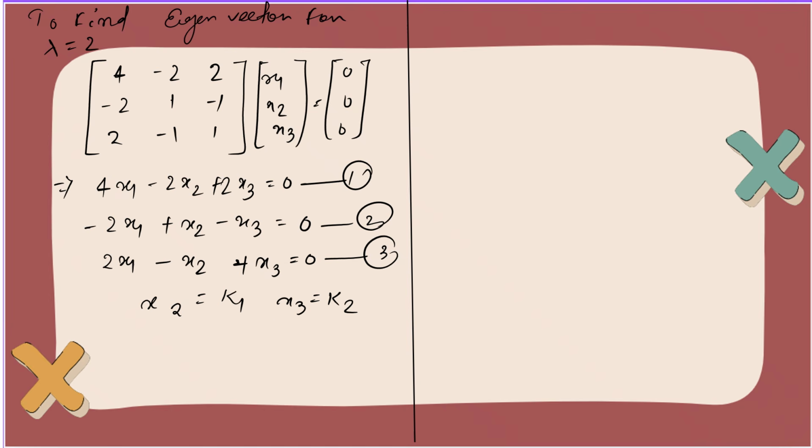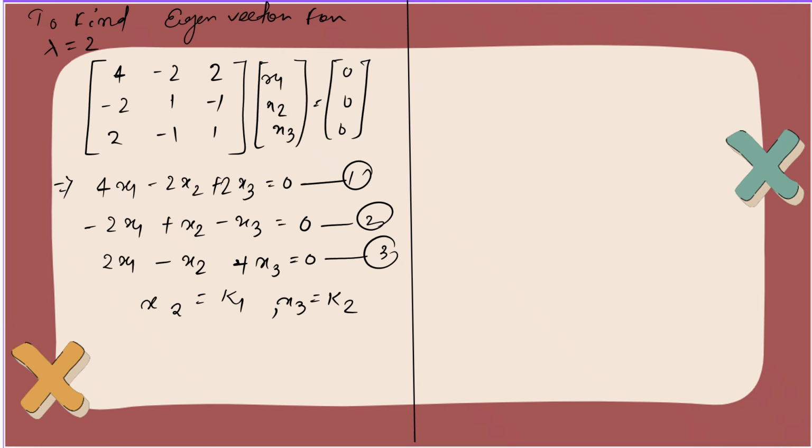You have to take it like this because if we choose any two equations, they cancel each other, so we take two arbitrary constants for the unknown values. So x2 is k1, x3 is k2. Now put these values in any one equation.